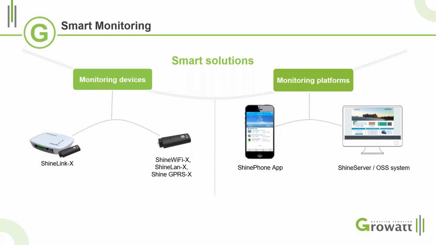The Shine Phone app is a smaller version, but we also have our Shine server or OSS system, depending on if you're a customer or end user, where you can see all these graphs of how much you produce on a bigger screen.